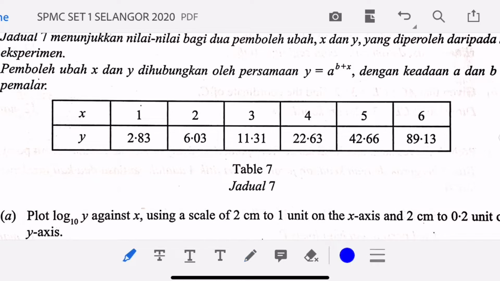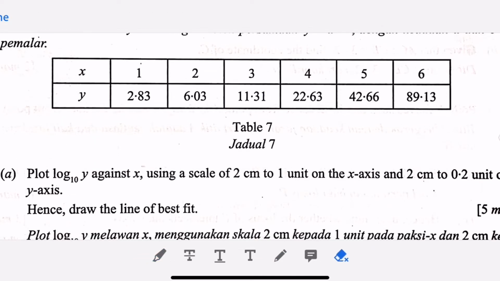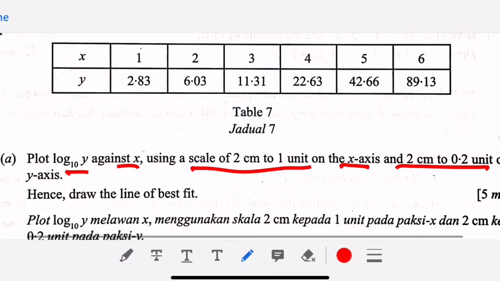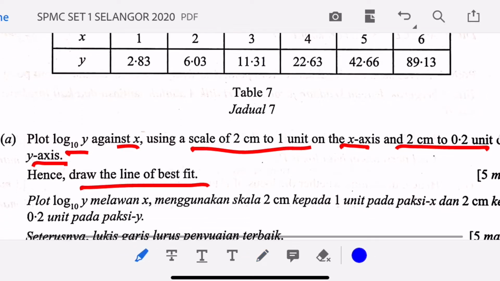But the instruction of the question says that you have to plot log 10y against x. You need to use a scale of 2 cm to 1 unit on the x-axis and 2 cm to 0.2 unit on the y-axis, and draw the line of best fit.